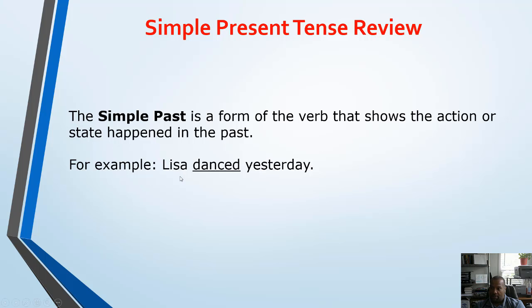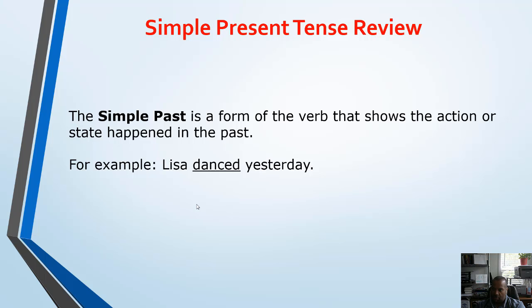For example, Lisa danced yesterday. Simple past is pretty good. It is pretty simple because you can say he, she, or it danced yesterday. I can say I danced yesterday. You danced yesterday.